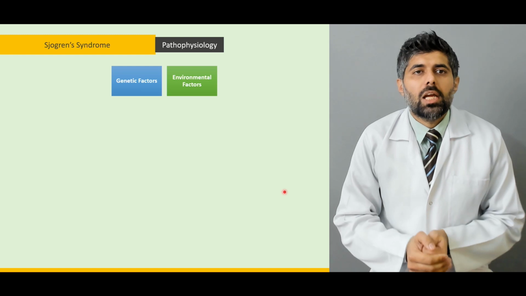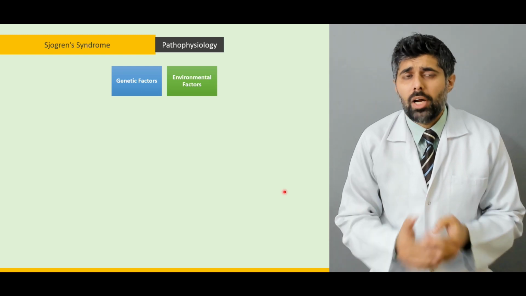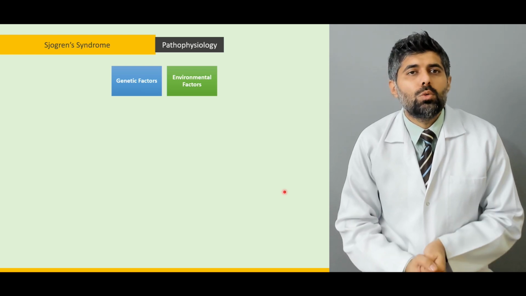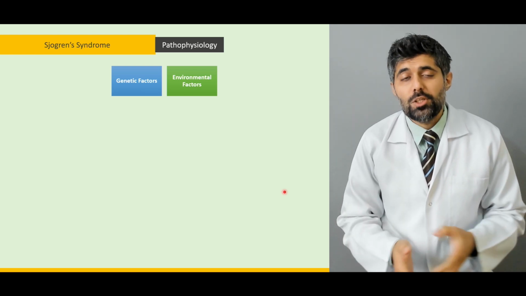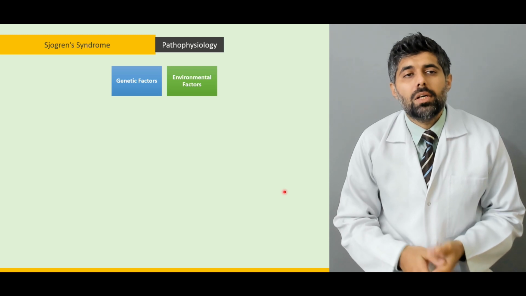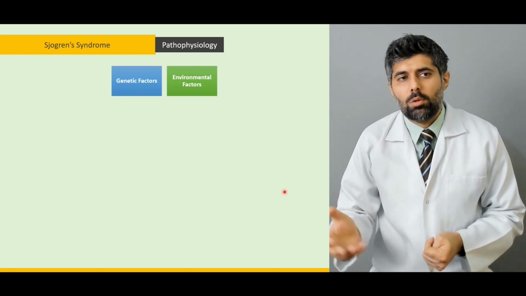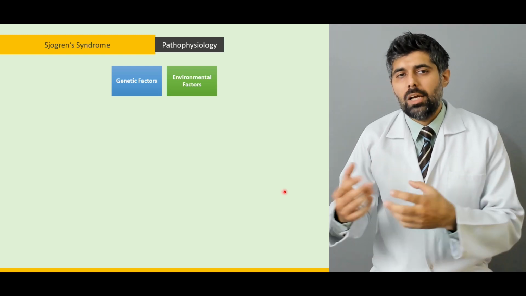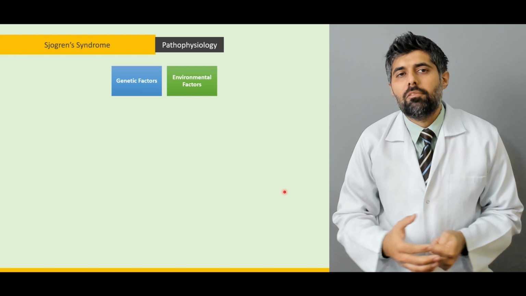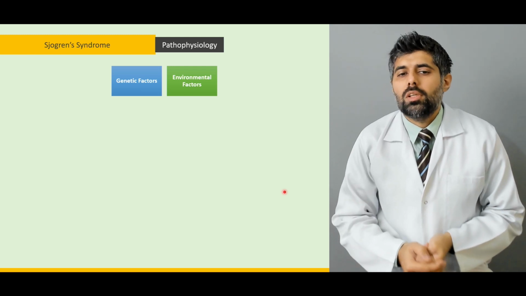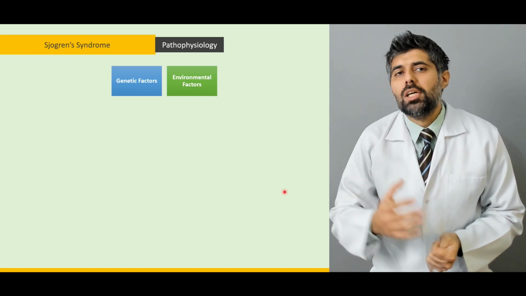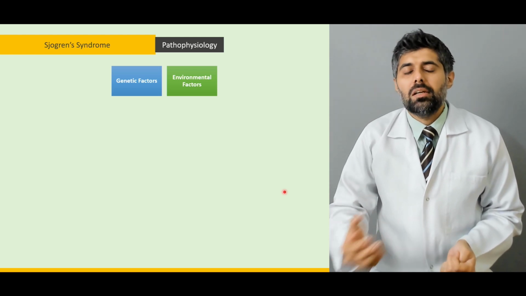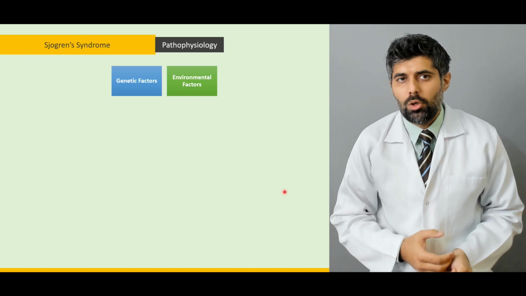Genetic factors can include a variety of different genes. Environmental factors include both the occupational environment along with the diet of the patient. Now, it is not known how the environmental factors can affect, but it is known that the female gender is more affected by Sjogren syndrome than in any other autoimmune disorder.